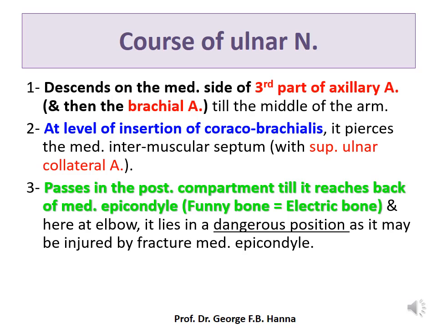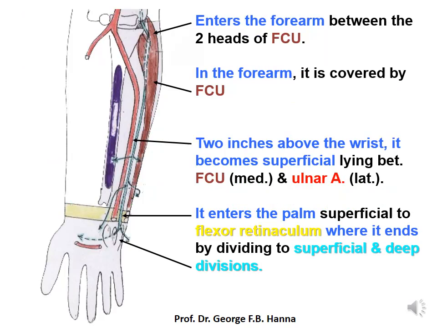And this is what I just mentioned. It enters the forearm again between the two heads of flexor carpi ulnaris. In the forearm, it is also covered by flexor carpi ulnaris.